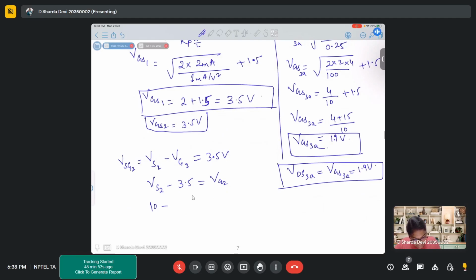So it is 10 minus 3.5 is VG2. So VG2 is 6.5 volts.